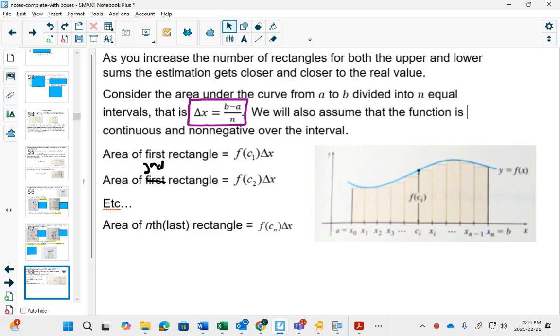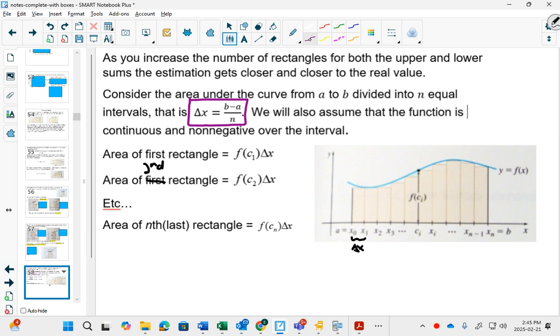Well, the area of the first rectangle, this distance here, is always your change in x. That stays constant. That's going to be b minus a over n. And then you pick a value, and you can either pick the left side or the right side. It really doesn't matter.